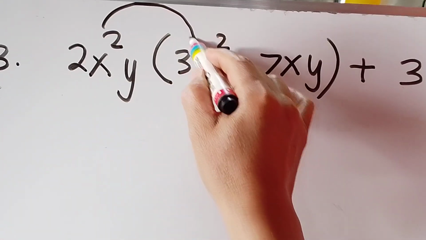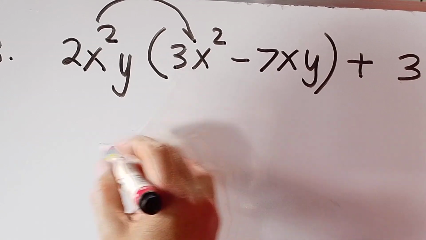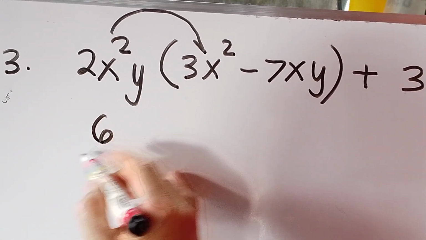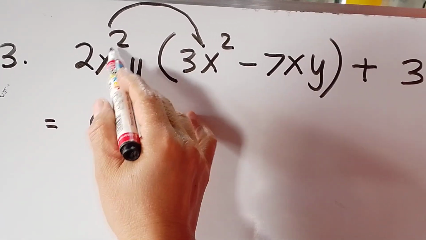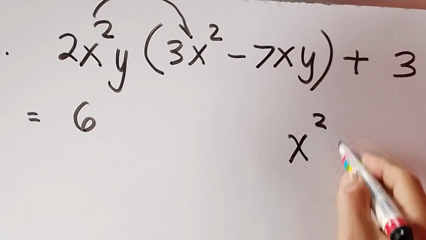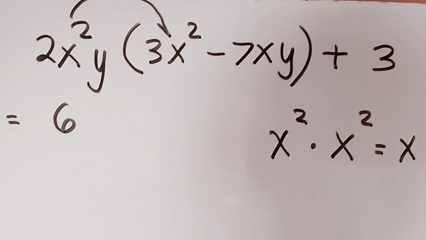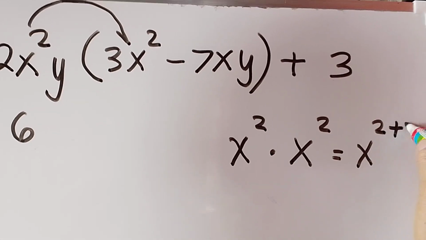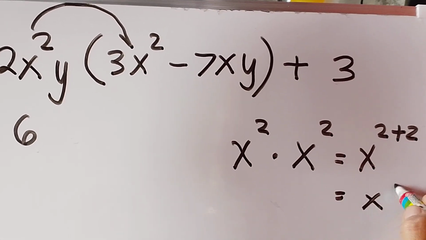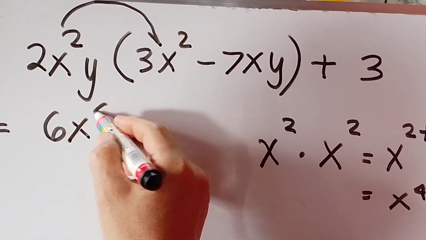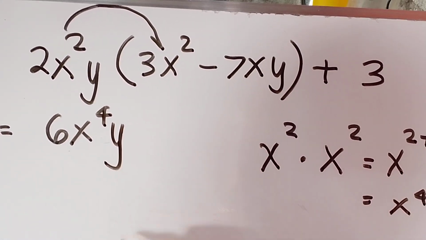So I have to distribute this one. 2 times 3 is 6. Then x squared times x squared. If you multiply x squared times x squared, you add the exponents, 2 plus 2. So x to the 4th. So this will be x to the 4th, then y.